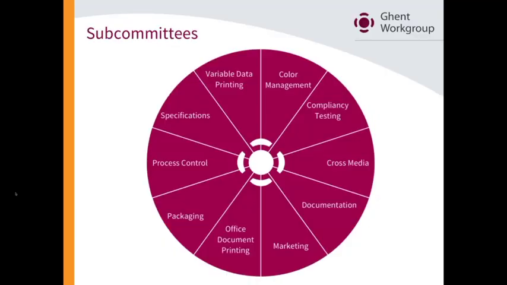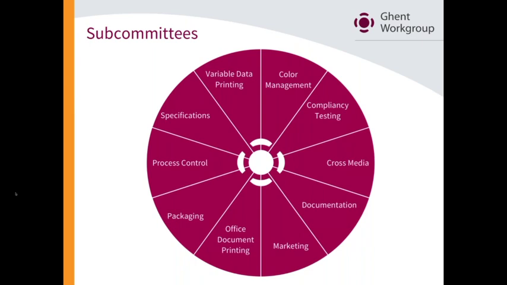These are the subcommittees that actually do the work. The way the Ghent Workgroup is structured is we have this overriding organization, and within it we have different subcommittees dedicated to working on very specific areas.